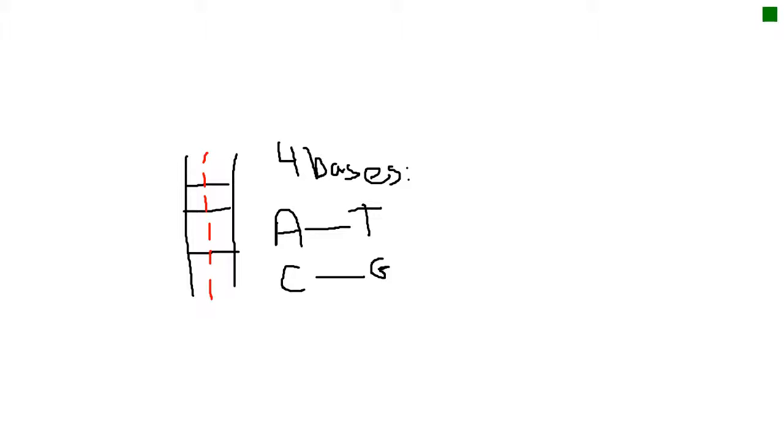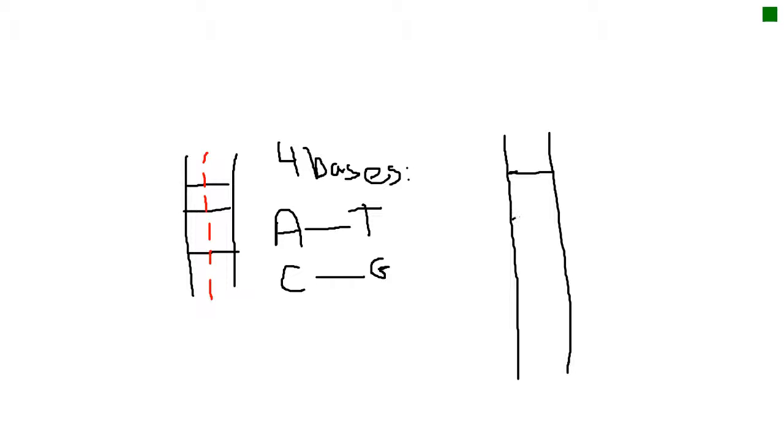Okay? Guanine will not pair with adenine or thymine. Likewise, thymine will not pair with cytosine or guanine. These are the only pairings that occur in DNA. Okay? So if we take another look at our DNA strand, let's draw this one here, and we notice that we have this segment.